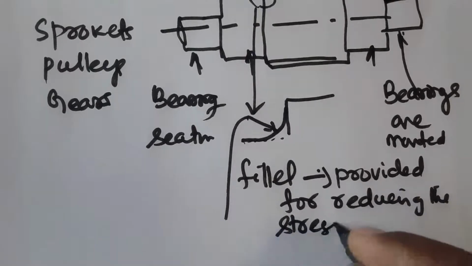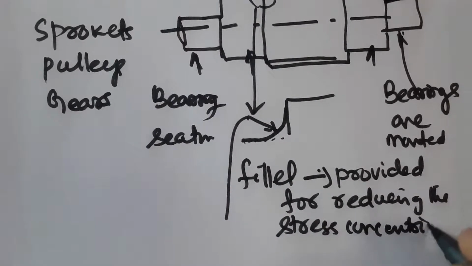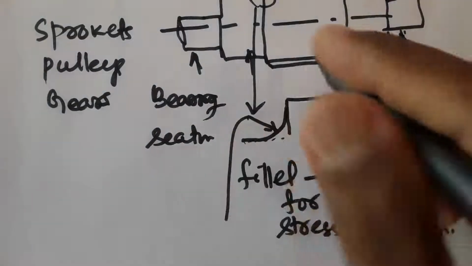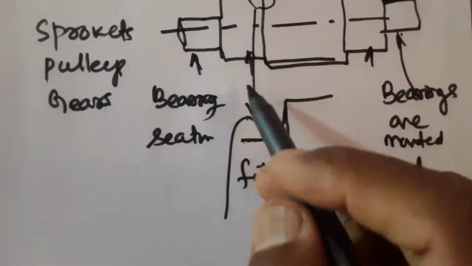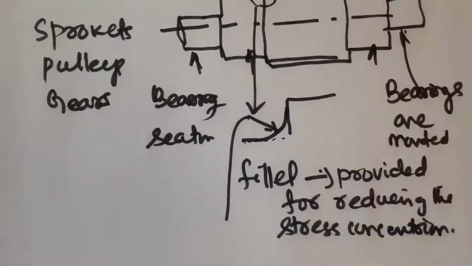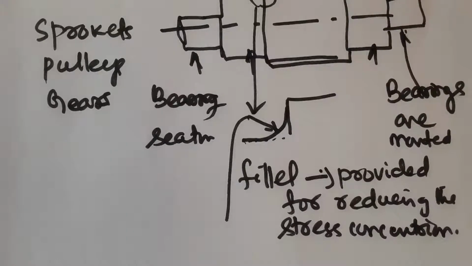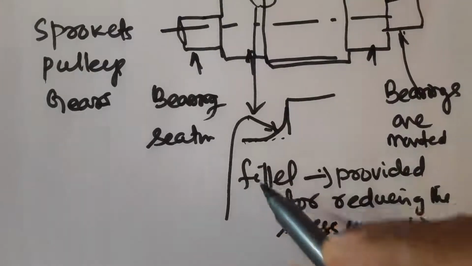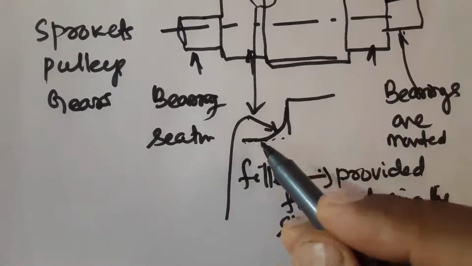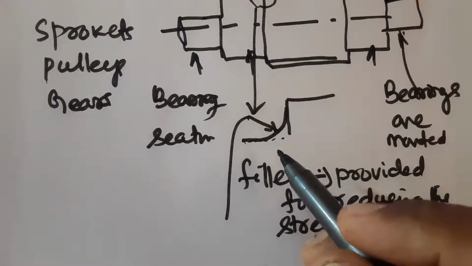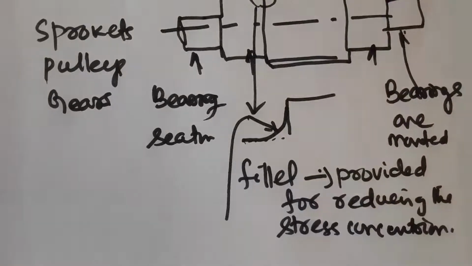When you have a change of cross section, a change of diameter taking place, you will always have a shoulder, and that is the place where the stress concentration normally happens. To avoid that, the fillet is provided, which produces a smooth transition from one cross-sectional area to the other. In that case the stress concentration will be less.